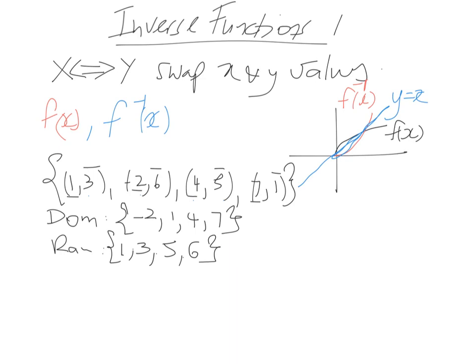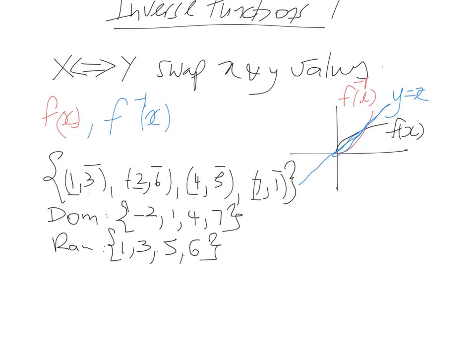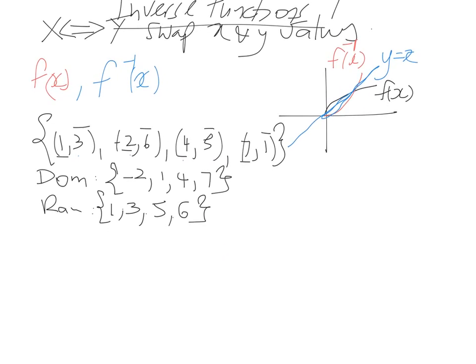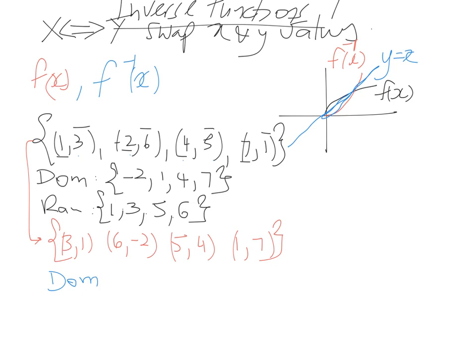Now, like I said before, to find the inverse, what we do is we swap. So for our inverse, we swap these two values. It'll be 3 and 1, 6 and negative 2, 5 and 4, and the last one will be 1 and 7, in curly brackets. Now, what is our domain?